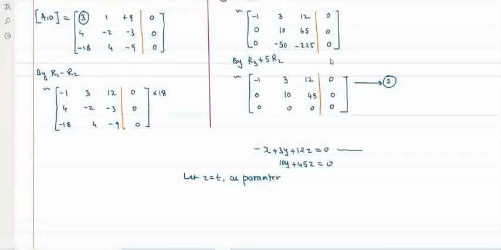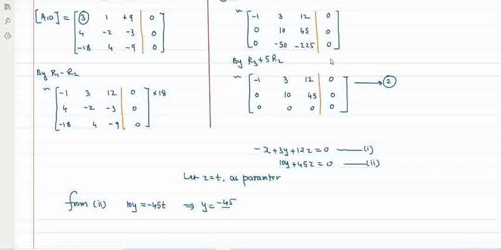Suppose this is small 1 and this is small 2. From small 2, 10y is equal to minus 45 times t. That is y is equal to minus 45 divided by 10 times t, that is y is equal to minus 9 by 2 t.